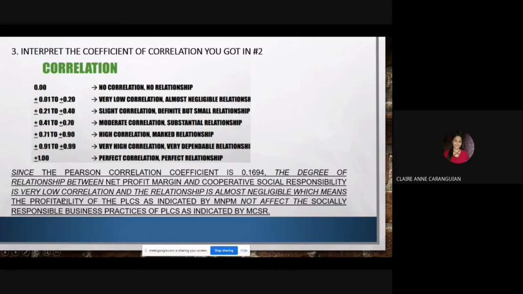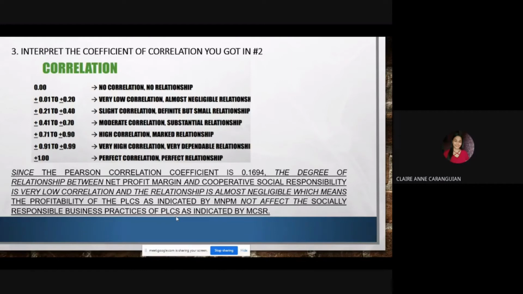So, the degree of relationship between net profit margin and corporate social responsibility is very low correlation, and the relationship is almost negligible, which means the profitability of the public listed companies as indicated by mean net profit margin will not affect the socially responsible practices of public listed companies as indicated by mean of corporate social responsibility.